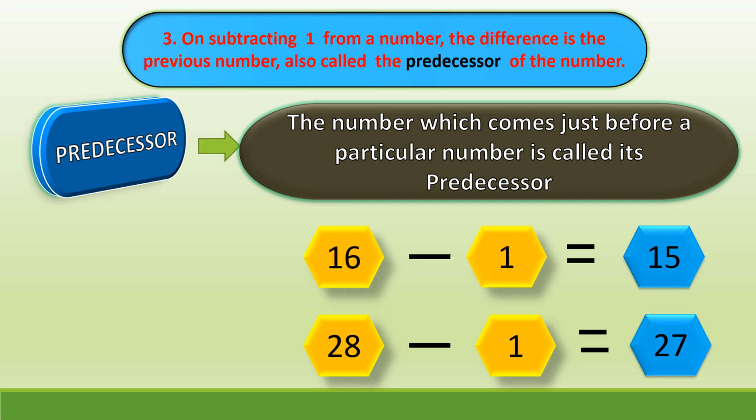I hope you have understood these three properties of subtraction. If you have understood these three properties of subtraction, let's get back fast and solve the exercise. Here we have exercise.